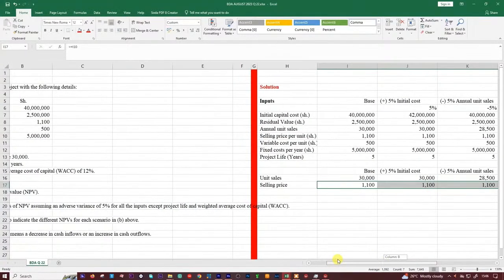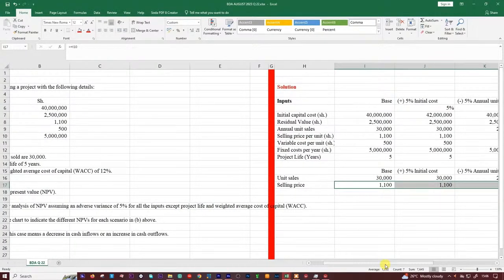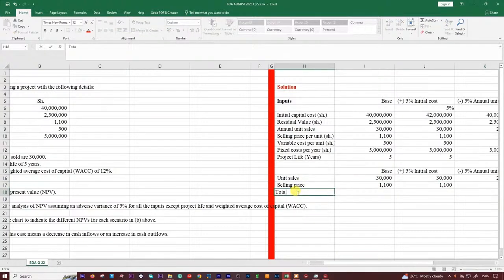Next component, next item is the total sales. Total sales is going to be given as we multiply. You're just going to pick the values given to us over here, total sales plus, from the question, just to clarify over here.